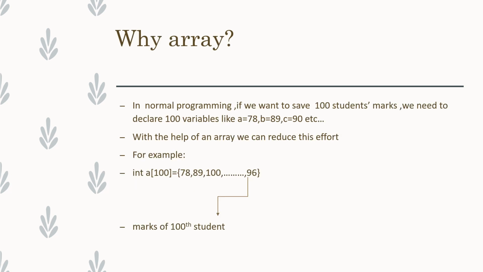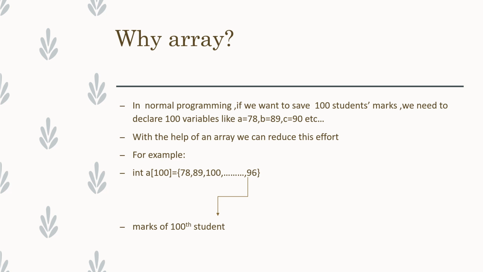Now, why we need to use array? Initially, when we had programmed for C fundamentals, if I want to do sum of two variables, that is like a is equal to 5, b is equal to 6, and if I'm doing it sum, I will take one more variable, sum is equal to a plus b, right? Now suppose I want to save the marks of 100 students.